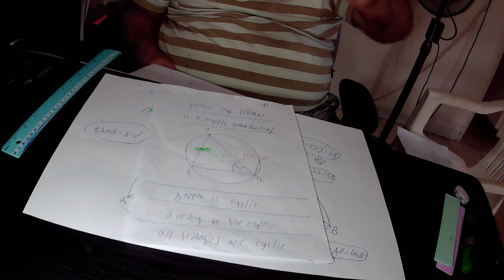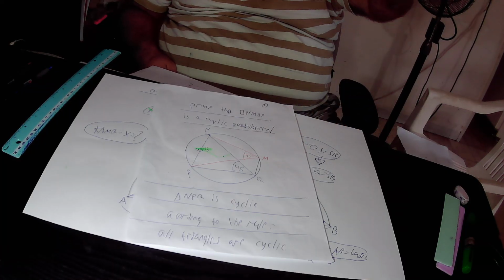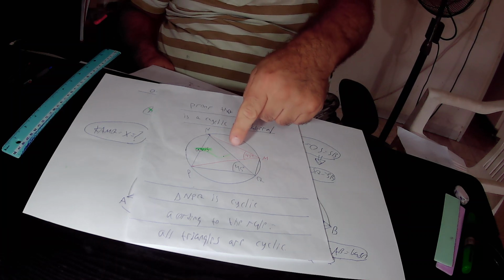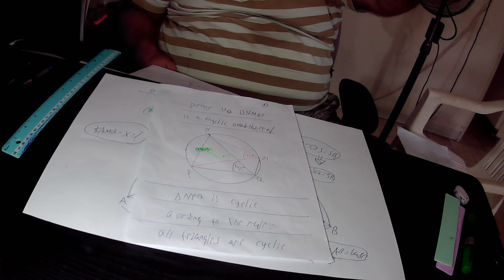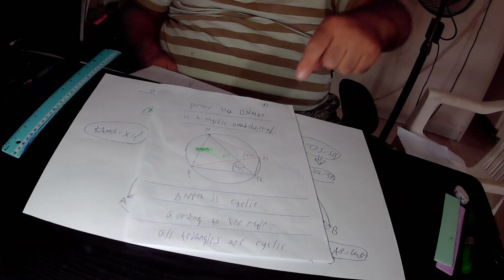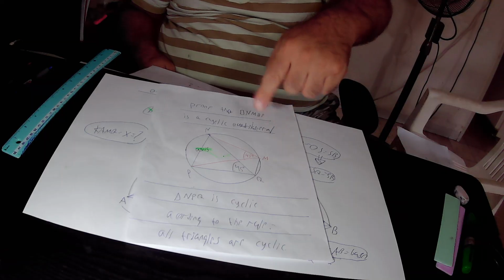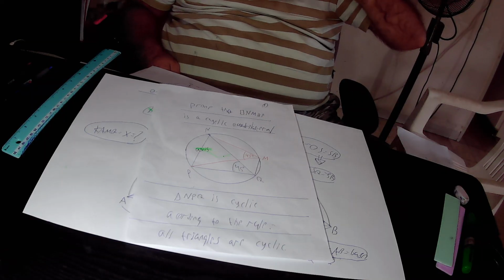All the other angles that lie outside this circle will be less than 45 degrees, and all the angles that lie inside this circle and subtend on chord PN will be greater than 45 degrees. So only the angles that lie on the circle itself will be equal to 45 degrees.